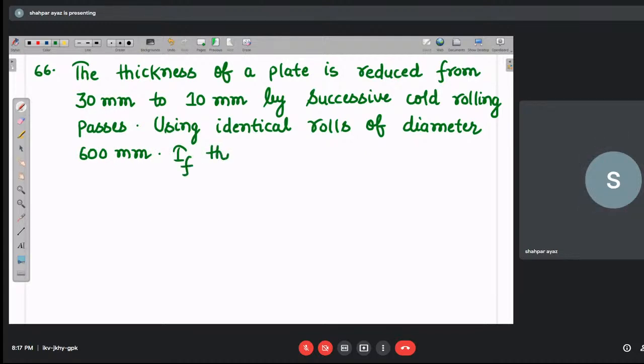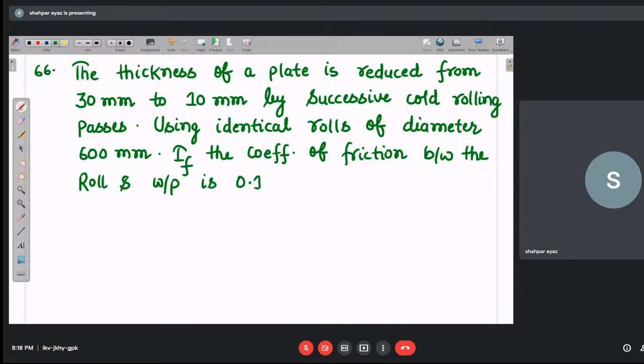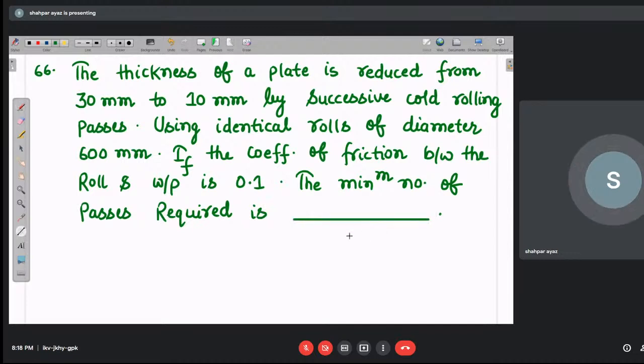If the coefficient of... Find out, everyone. Good.